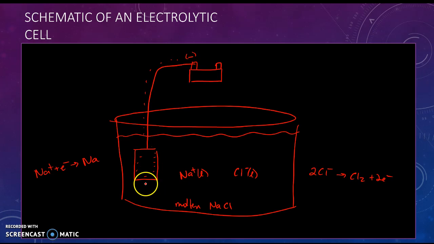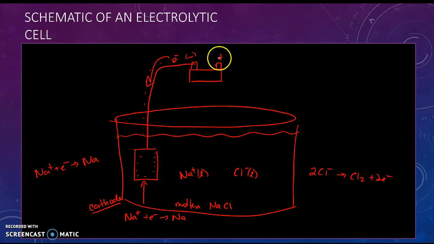At this electrode, I'm going to force this reaction to occur. And because this is a reduction, this is going to be my cathode. So this is consistent with voltaic cells. Reduction always occurs at the cathode, but my electrons are running down this side.